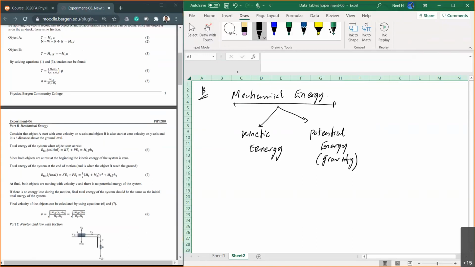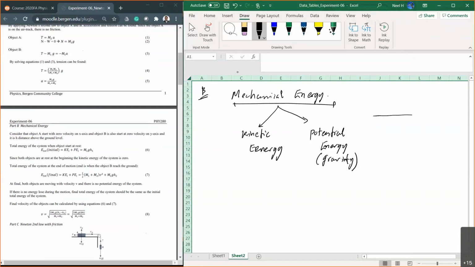Part A is just investigating tension and the acceleration of the combined object under no friction. And in the second part, we're going to use that same information to understand the mechanical energy of this system. That's the plan.